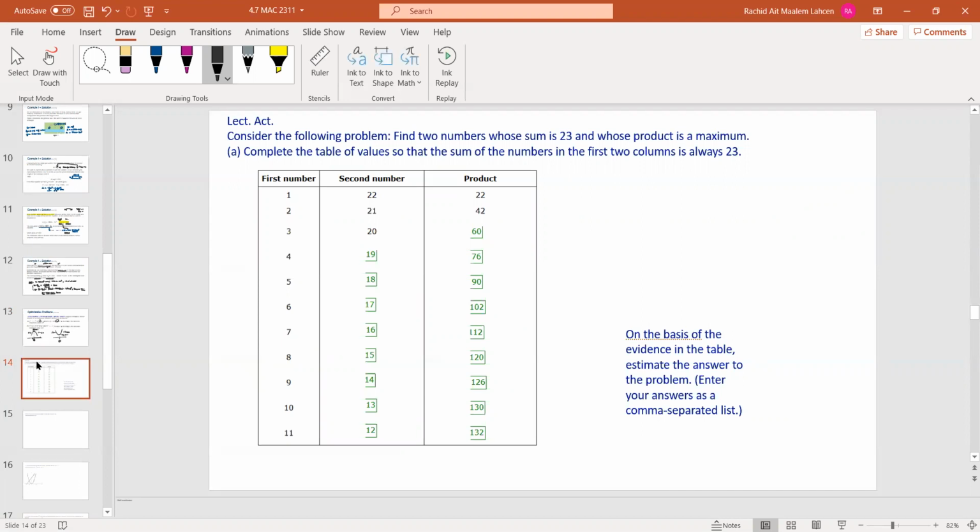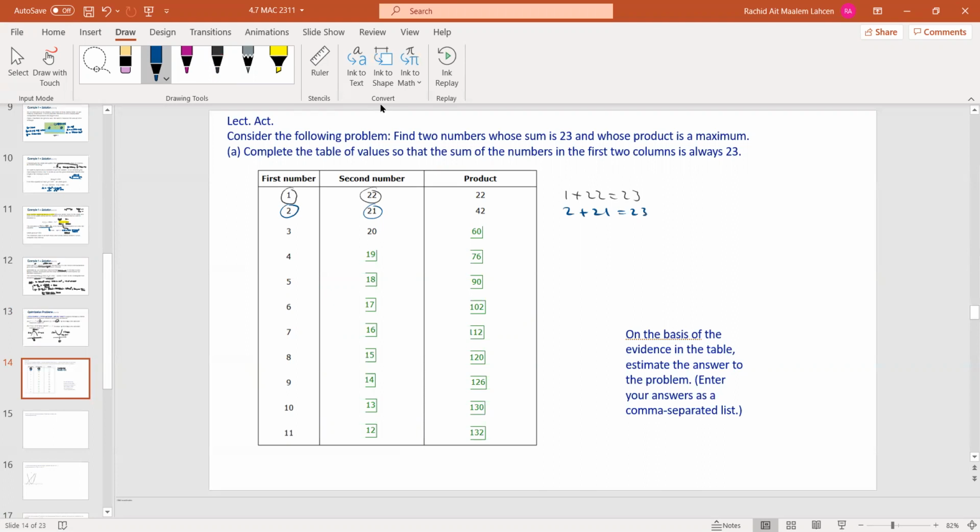So if you take one, you need 22 to get a sum of 23. And if you take two, then you need 21 to get to sum 23.